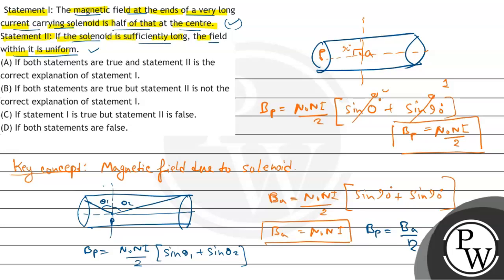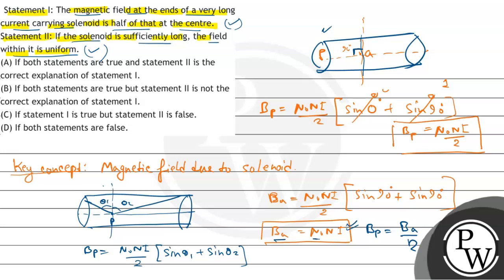तो ये करेक्ट हो जाएगा, क्योंकि हम पहले केस में जैसे हम सोचे कि हमें गिवन था कि the solenoid is long, that's why you take that this angle is 90 degree, because we have thought that this end is at infinity, so the angle with the vertical will be 90 degree, and so that we get this value.